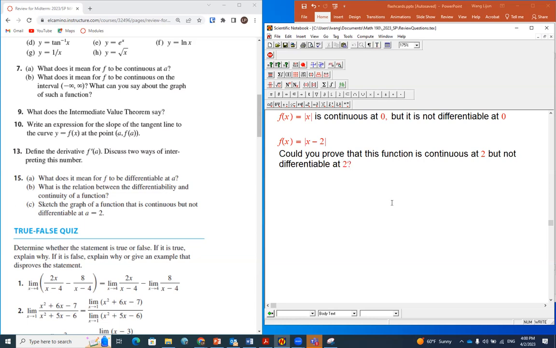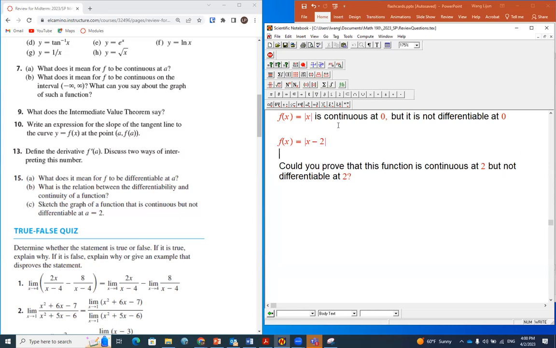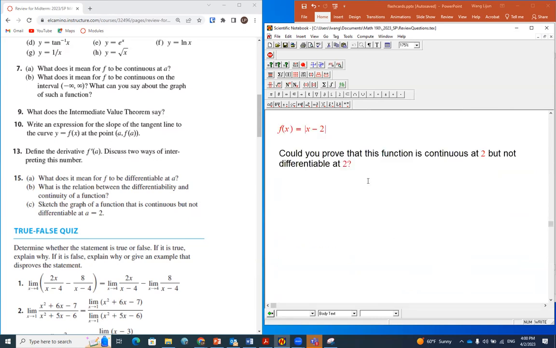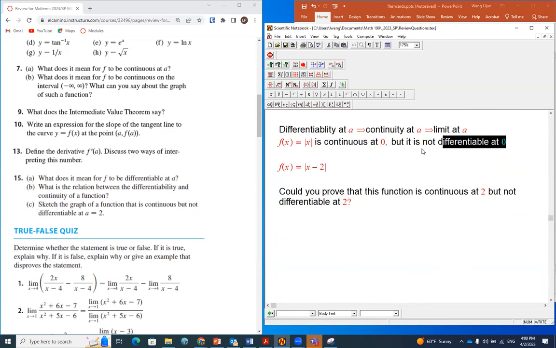The proof will be similar. You can find the proof in the textbook, in any version. The proof of continuous at 0 but not differentiable at 0 you can find in probably any textbook.